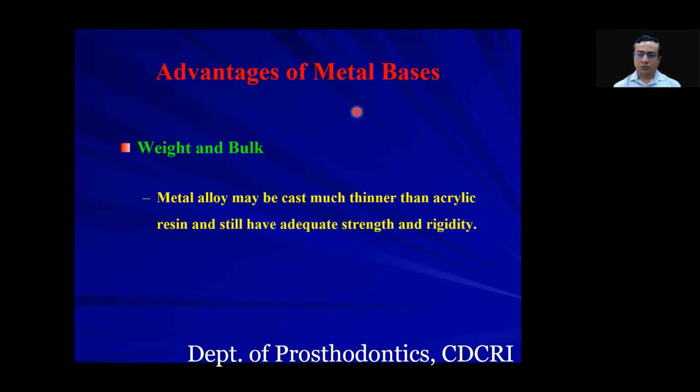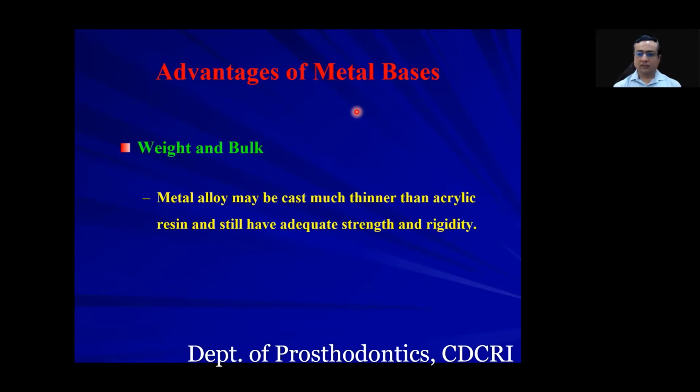The reason might be too much buccally placed teeth, or a prominent mid-palatine raphe, or a deep labial frenum. In these cases, there is a midline fracture of the denture. So in such a case, you can give a metal denture base that will increase the strength.